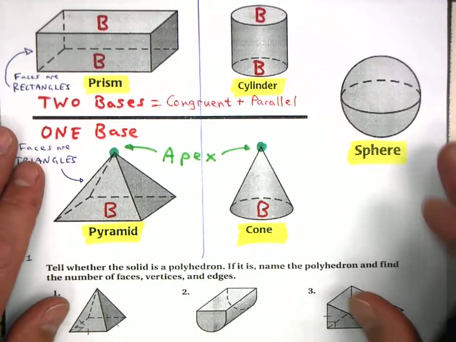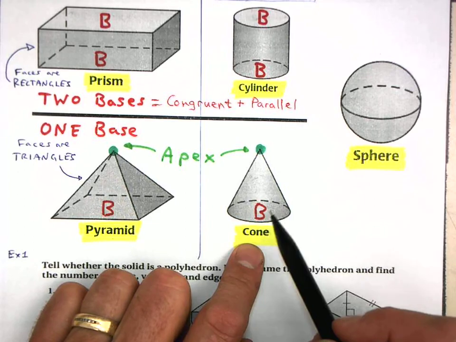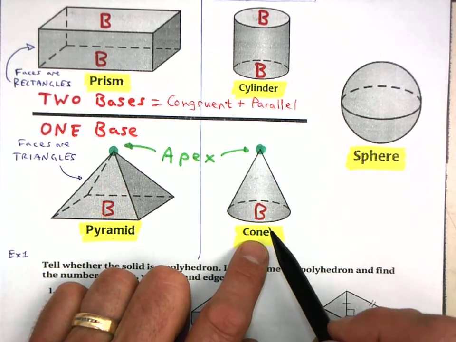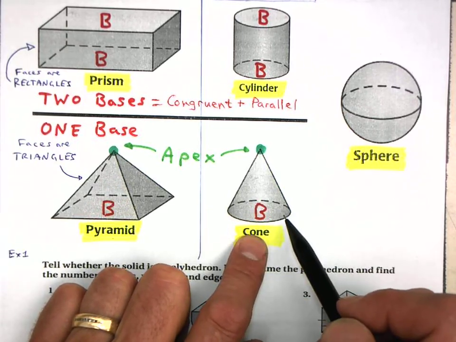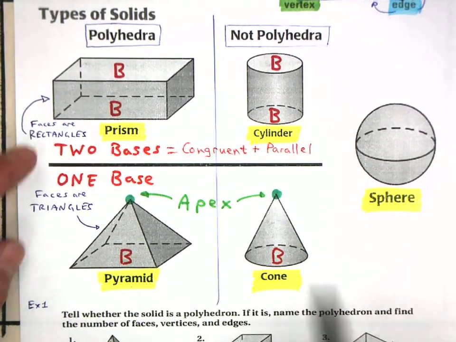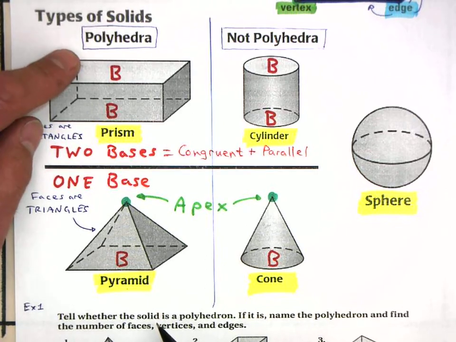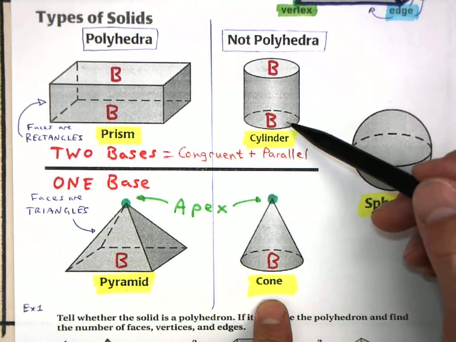And then same thing also with a cone. A cone is a solid, yes, but it is not a polyhedron because these are not straight sides around the cone there. So prisms and pyramids are polygons, but a cylinder and a cone are not.